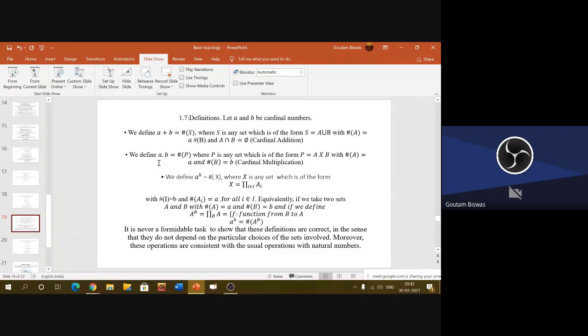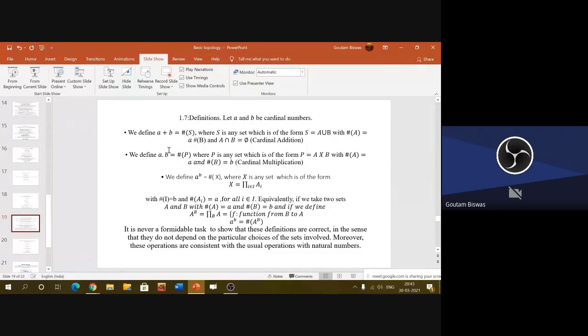Okay, now these are very easy. We define a plus b is equal to the cardinality of S, where S is any set which is in the form A union B. So union is converted to this algebraic property of plus, provided the cardinality of A is defined as small a, and the cardinality of B is defined as small b, and there is no common element between A and B. These two conditions must be satisfied for this relationship to hold.